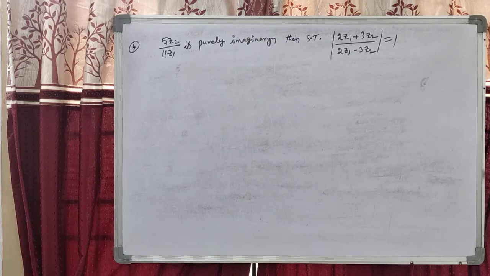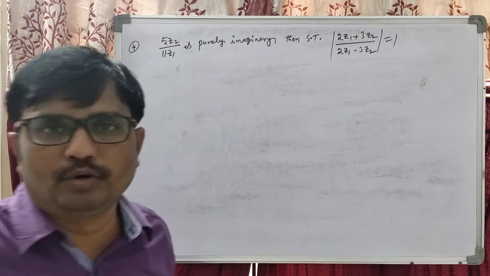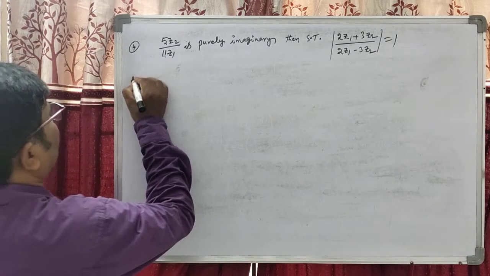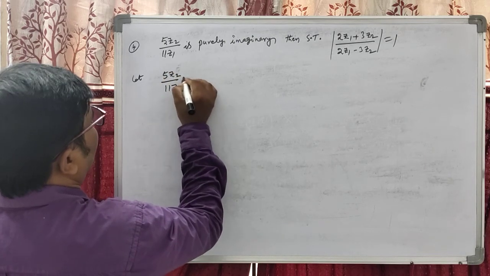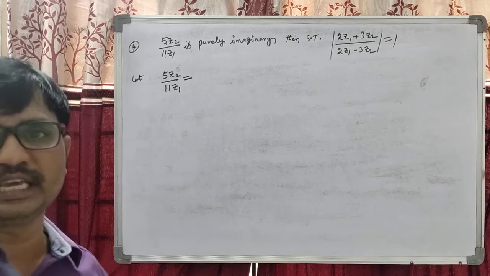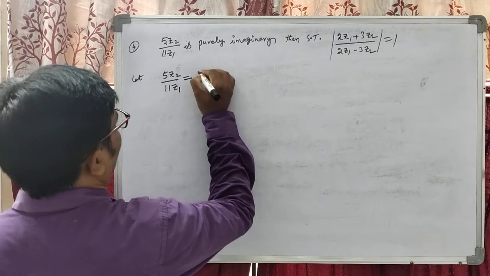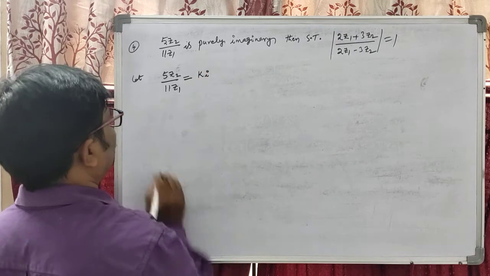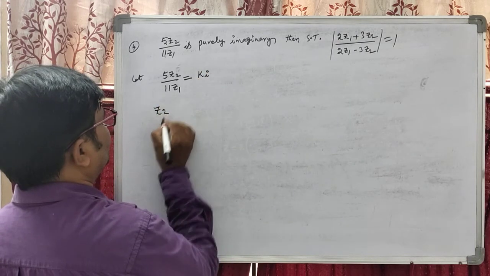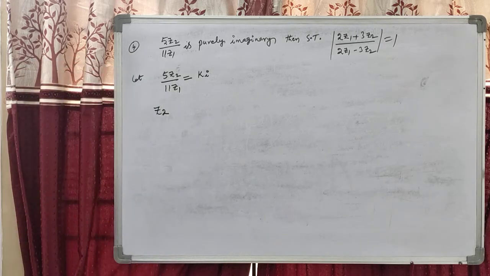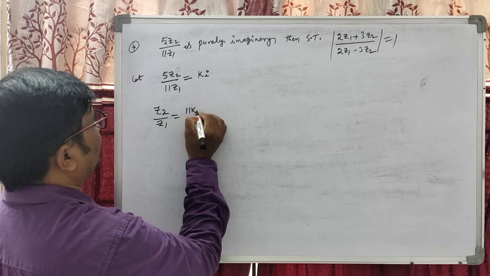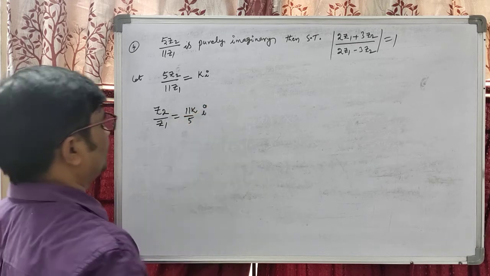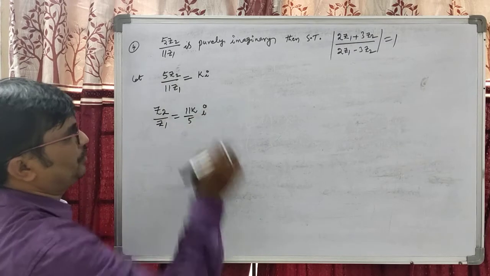So students, 5Z2 by 11Z1 is purely imaginary. Purely imaginary means it is i times k. So Z2 by Z1 equals 11k by 5 into i.